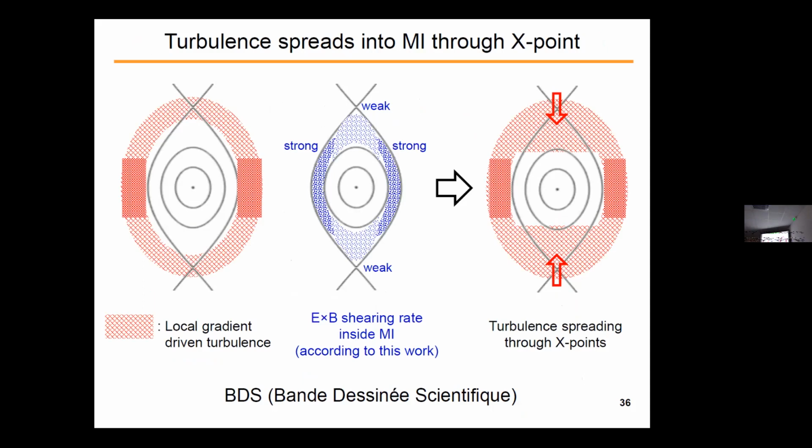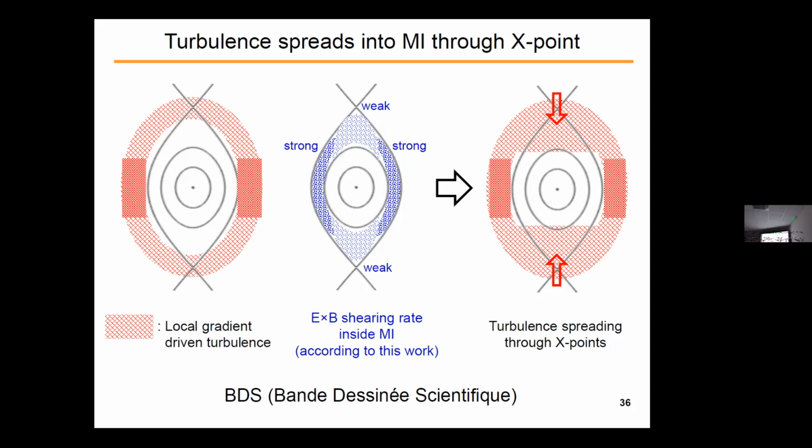On the left, I try to describe the local gradient-driven turbulence by red color. And basically, if you flatten the profile here, just outside of the magnetic island, you end up steepening the gradient. So turbulence gets a bit stronger just outside. And blue is the strength of the E cross B shearing rate we just calculated.